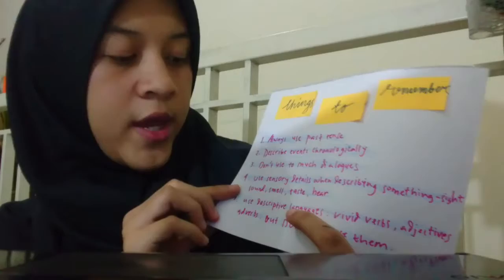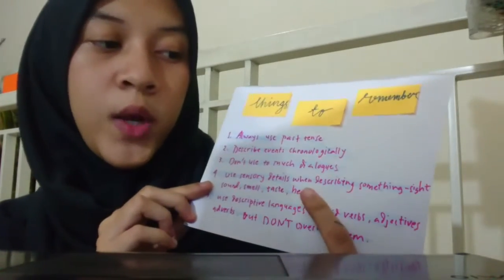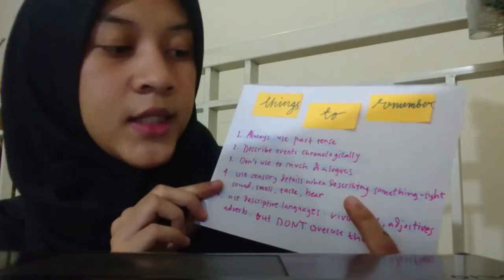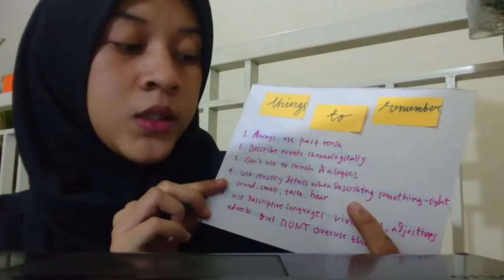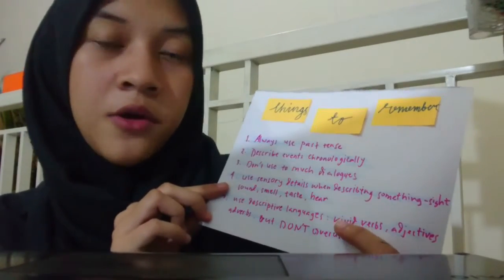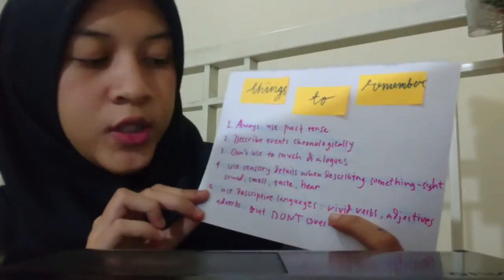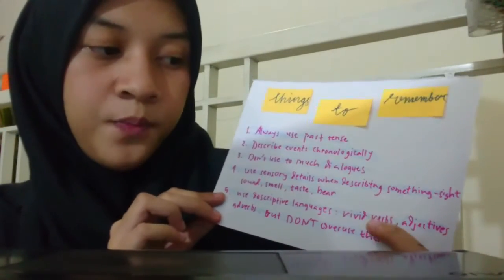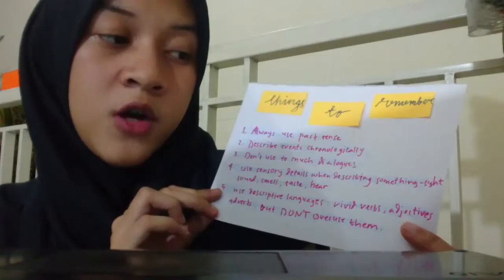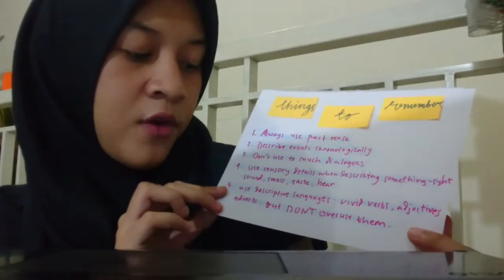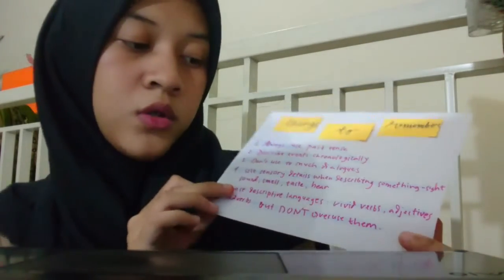And number 4 is use sensory details when describing something: sight, sound, smell, taste, hearing. And number 5 is use descriptive language, with verbs, adverbs, but don't overuse them.